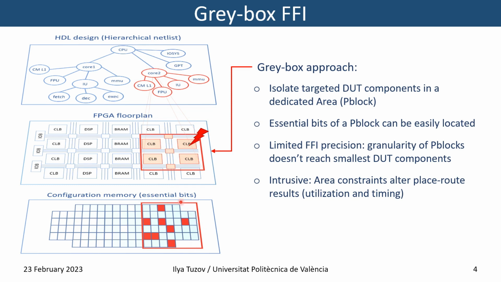So this approach manages to inject faults in a selected design component. However, it still provides very limited precision because the granularity of P blocks does not reach smallest design components. And in addition, this method is quite intrusive because it introduces area constraints which alter the place and route results.